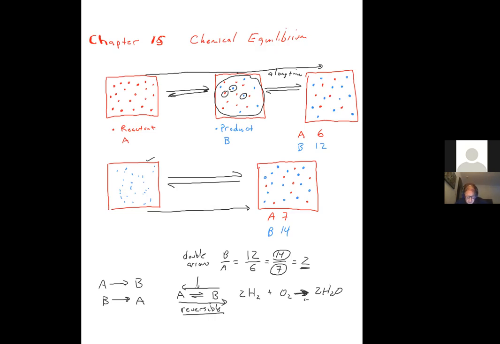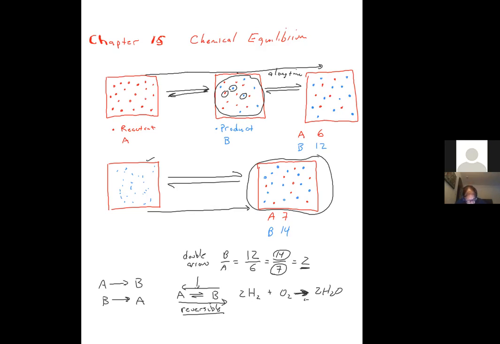Meaning that even though after some period of time, we reach some level where the ratio of the product to the reactant is constant, it's not changing anymore, the ratio is 2 in this case, that doesn't mean nothing is happening in there. They actually are colliding with each other, reacting with each other.